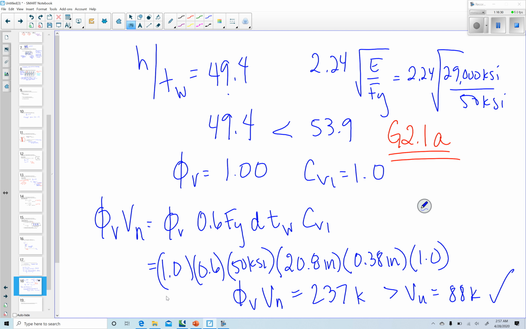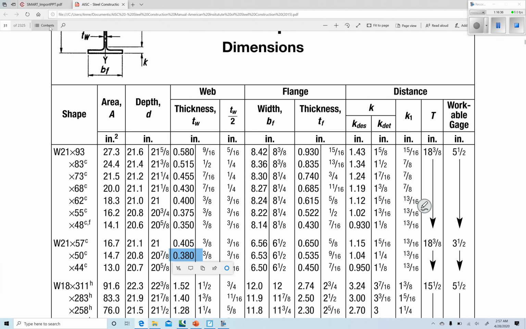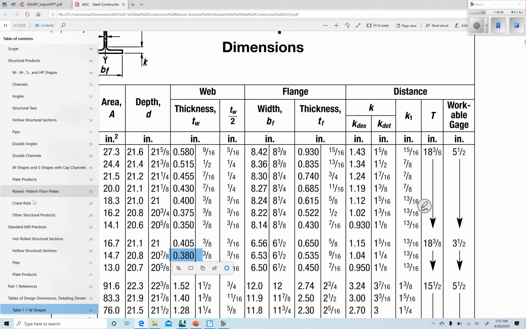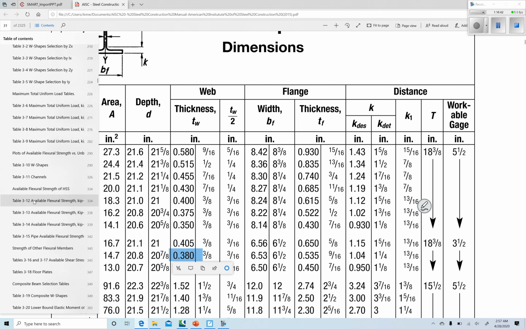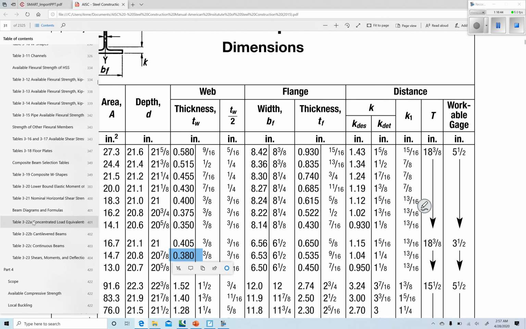So you notice we used the spec. We could have also used the beam part 3.